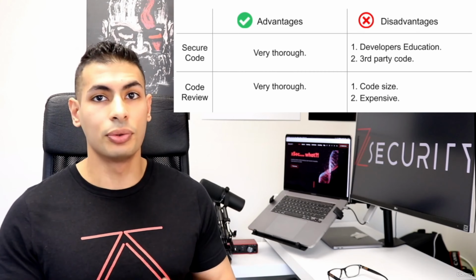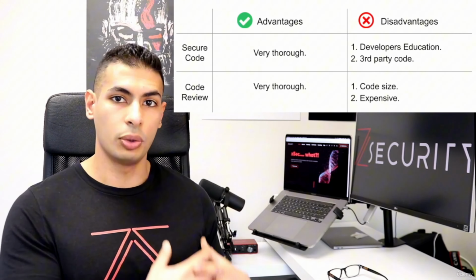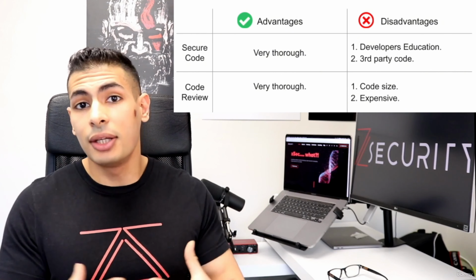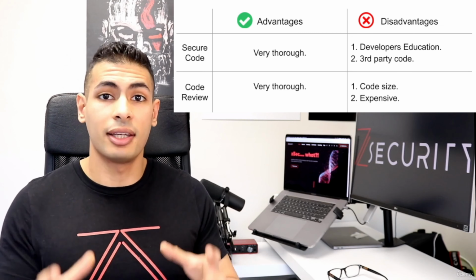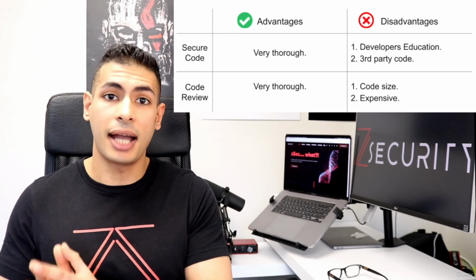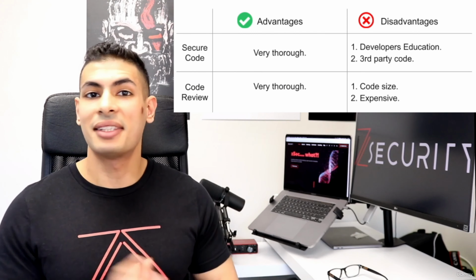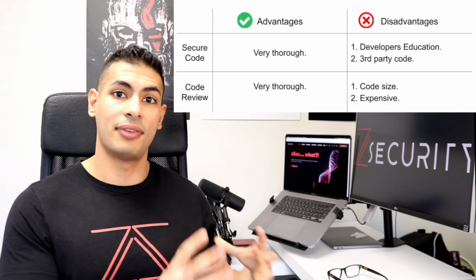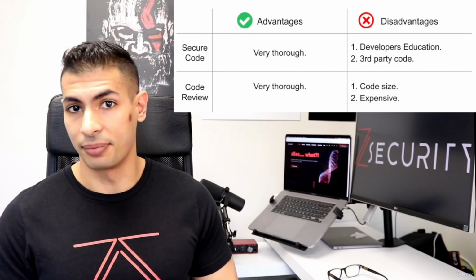Also, if you were using code written by other developers or third-party libraries, then again, a code review will fix this problem because you can review everything. And again, this is really good because you're actually reviewing every single line and making sure that nothing is vulnerable or will allow hackers to exploit your application and gain access. The main disadvantage here is that if you have a large code base, this could be very time consuming and it could also be very expensive.